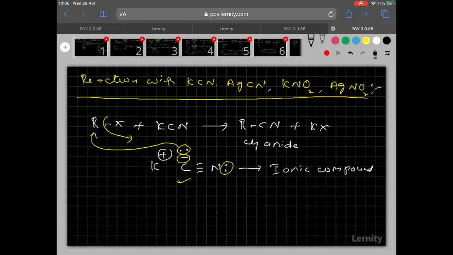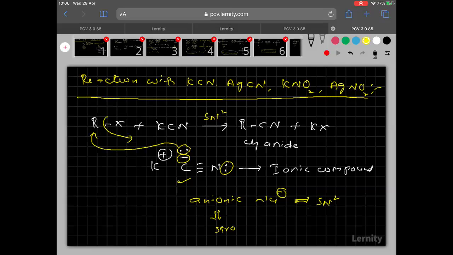So whenever a negative charge is there, that is called what? Anionic nucleophile. And I think you know all anionic nucleophiles will favor which mechanism? SN2. So this reaction follows the SN2 mechanism. All anionic nucleophiles are stronger nucleophiles.